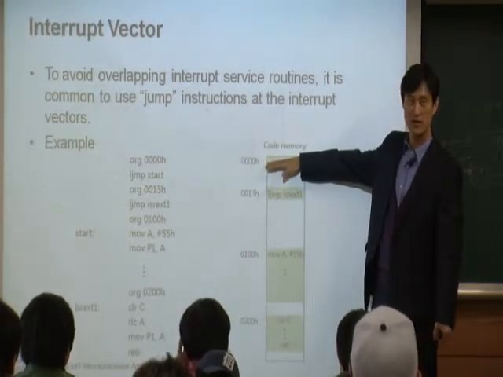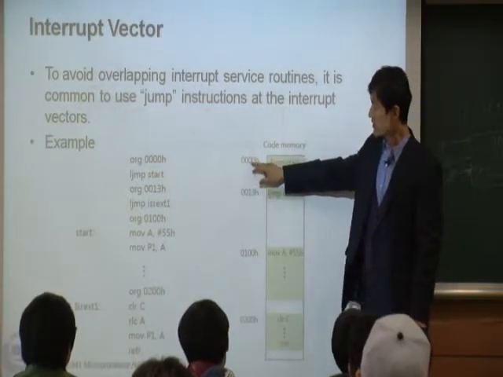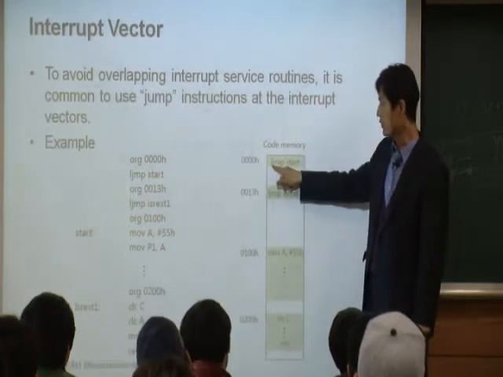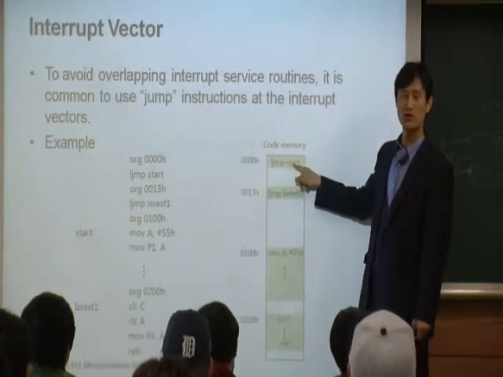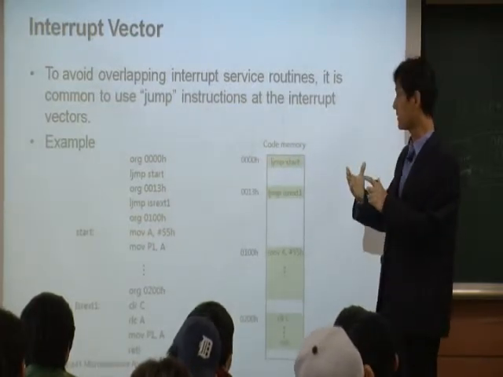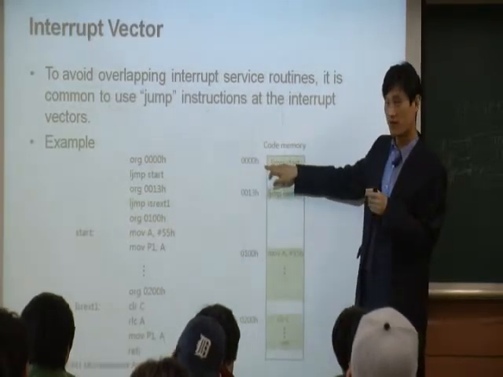So how does it work? When you write the program, at the 0000H address, you have to make sure that you have a long jump start. You always want to add this one. So when the microprocessor boots up, it comes here because this is the first address to start.